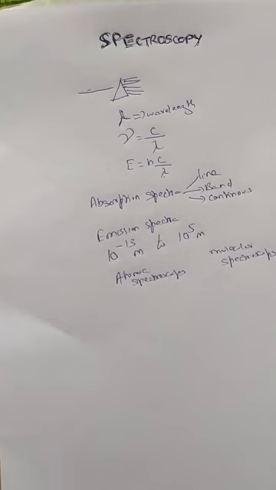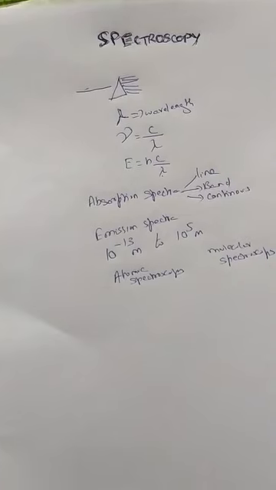For example, there may be vibrational, rotational, and electronic spectroscopy, arising due to rotational motion, vibrational motion, and electronic transition. Atomic spectroscopy is a little easier to understand because it is a line spectrum, whereas molecular spectroscopy has rotational, vibrational, and electronic transitions, so it becomes a little more complicated.